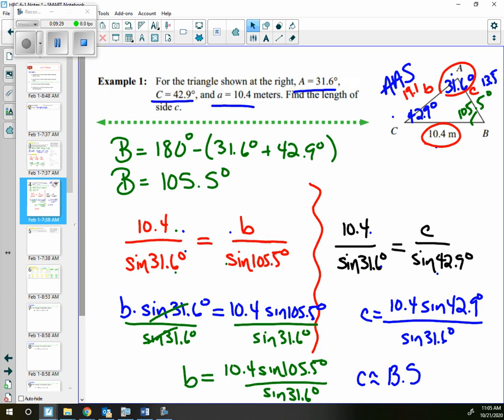Well, sure, it's bigger than 10.4, but not by much, because 42 isn't that much bigger than 31, so they should be pretty close together. Then look at your last side, 19.1. Significantly bigger? Well, yeah, because it's across from the angle that's significantly bigger, right? So always double check that. It's so easy to type things incorrectly in your calculator, so we want to make sure that we're solving the right way, and that we have everything we need there.